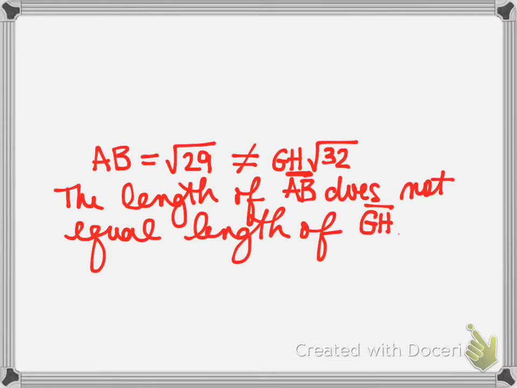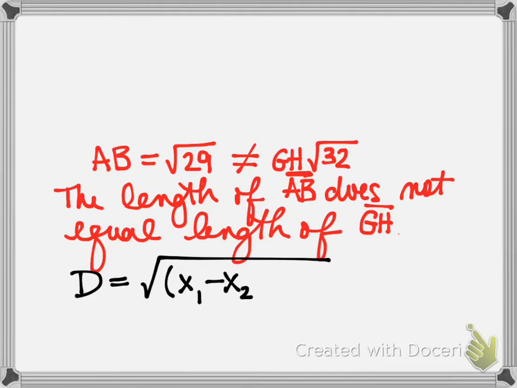Now remember that formula we were talking about a second ago? The Pythagorean theorem is a formula you already know. This new distance formula is straight from it. It says take the square root of a bunch of stuff. The stuff you're going to take the square root of: subtract the x's, square it; subtract the y's, square it; add them together.